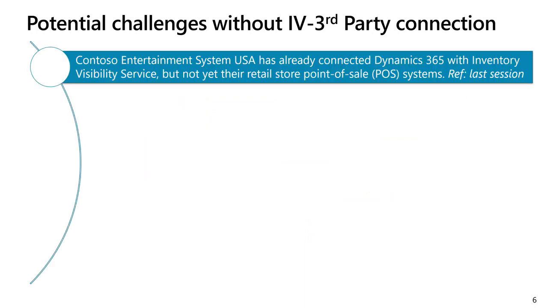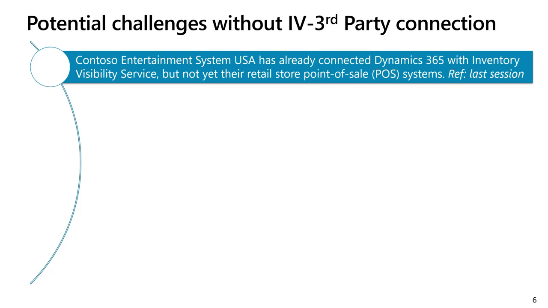Okay, and then moving to the next slide, I want to introduce a few potential challenges if you're using inventory visibility and operating across multiple systems. Let's see what potential challenges you could face if you're not connecting your third-party systems with inventory visibility.